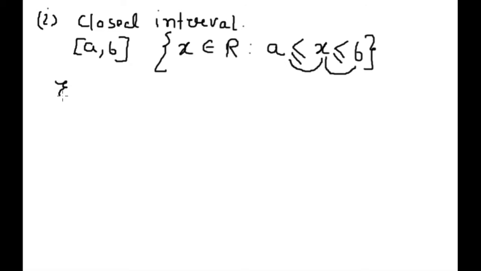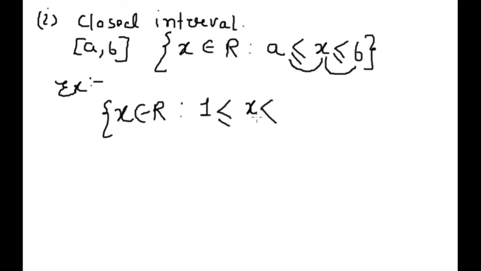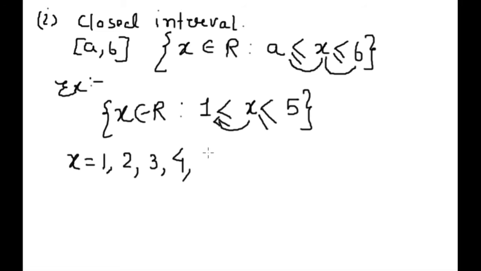For example, if x is a real number and x is greater than or equal to 1 and less than or equal to 5, then if x includes 1, we will write x equal to 1, 2, 3, 4 and 5 also, because it is equal to 5.